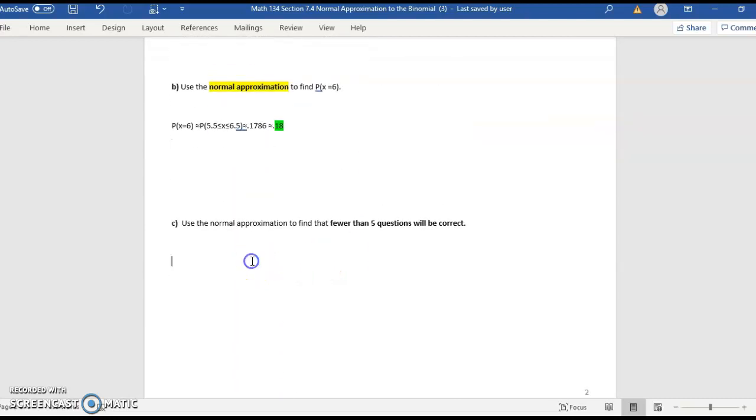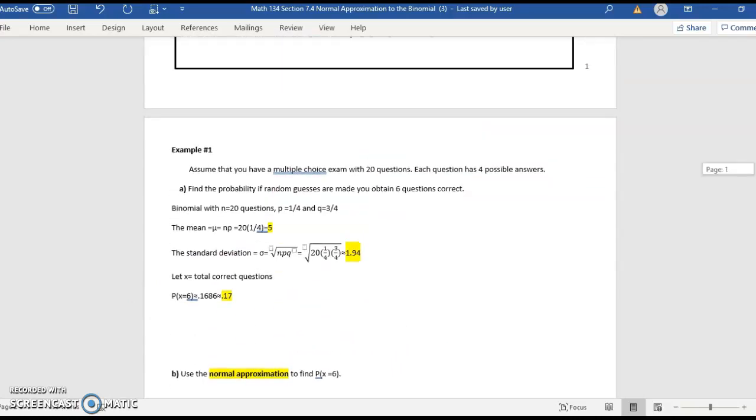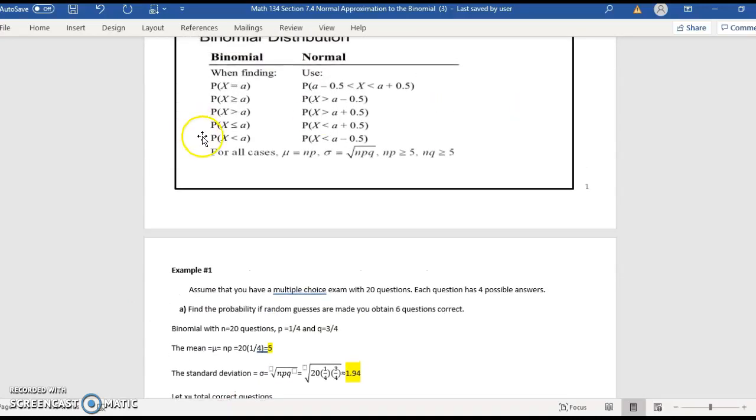Okay, so let's take a look at problem C. And in problem C, we don't have to declare it. It's already been declared. It's saying the probability that x is less than 5 questions. Now, fewer means less than, so we have to look at the chart. And the chart in here says less than, you're going to be subtracting 0.5.